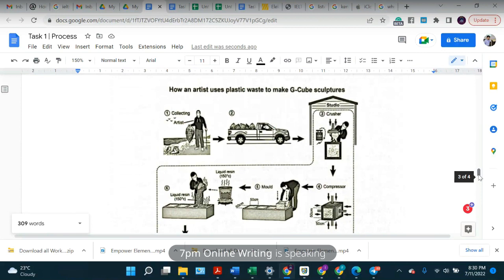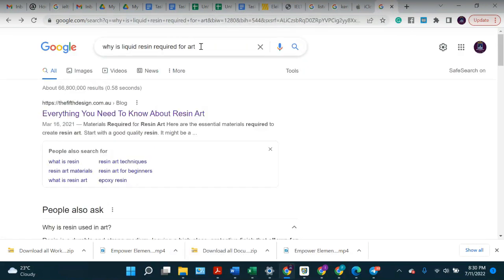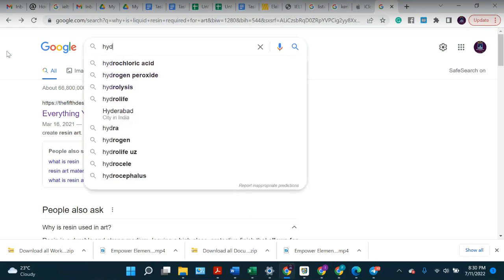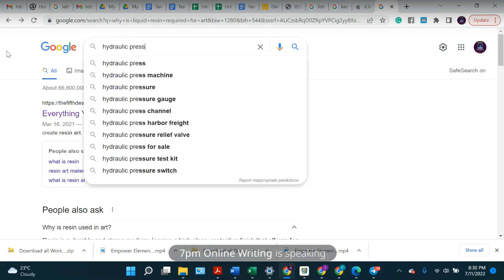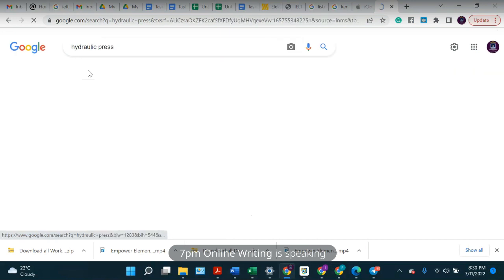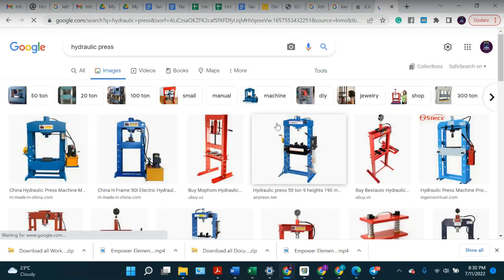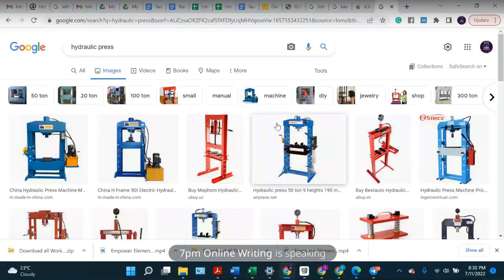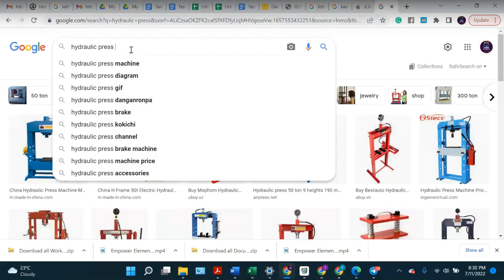Can you Google hydraulic press, because hydraulic press looks very much like that. You see, it also has this electric thing with it.